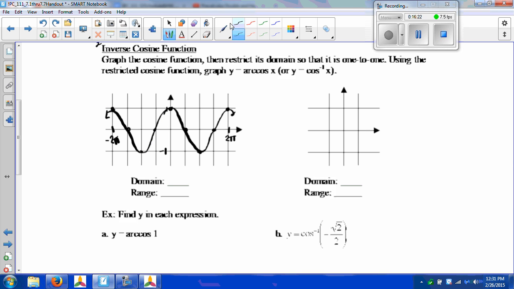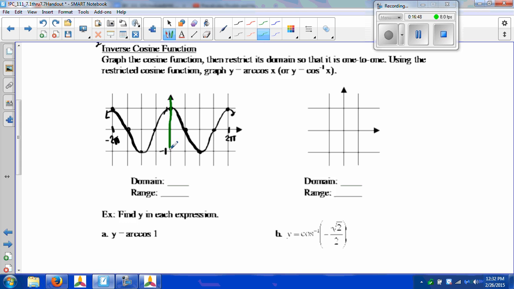Alright, now, if you look at this one, you can see if I try to stretch it around the y-axis the same way I did sine, it fails the horizontal line test. To restrict the cosine function, you can't have negative inputs, because the moment you go left, you start failing the horizontal line test.